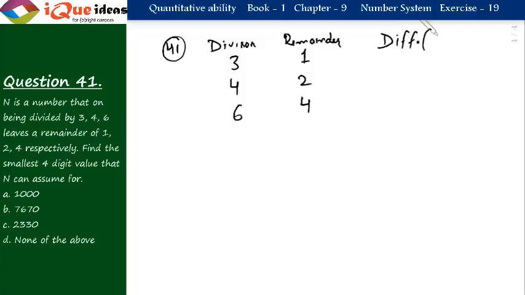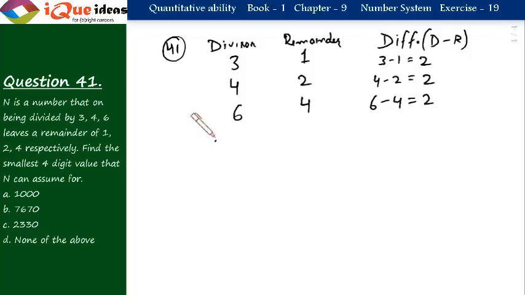Look at the difference of divisor and remainder. In the first case, it is 3 minus 1, that is 2. In the second case, it is 4 minus 2, that is again 2. And in the third case, it is 6 minus 4, that is again 2. Now, in such cases where the difference of divisor and remainder is the same, what you need to do is find the LCM.